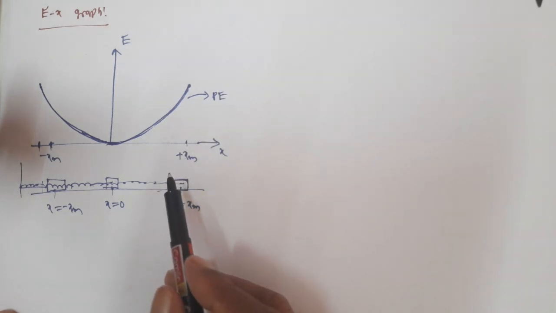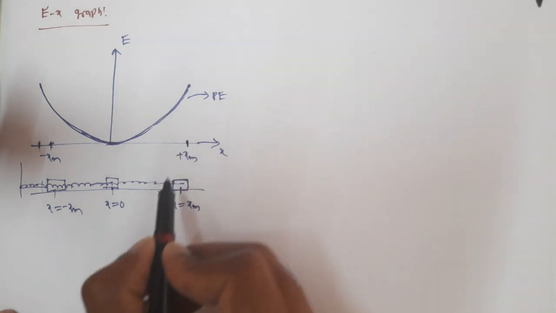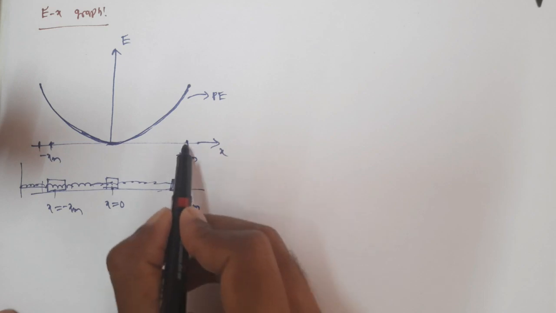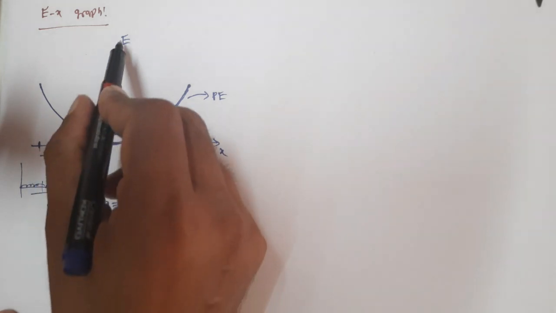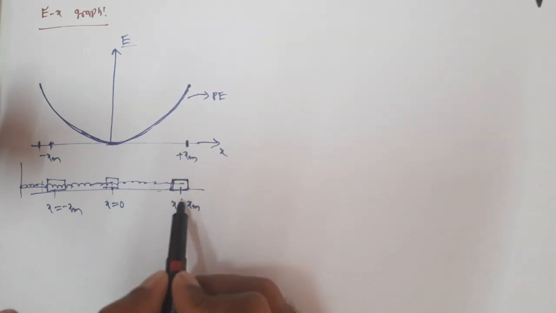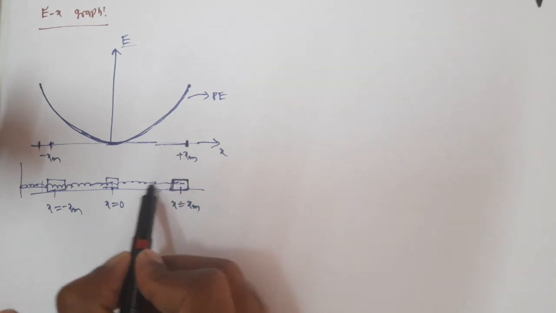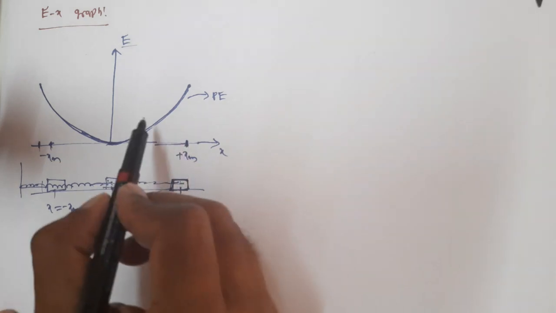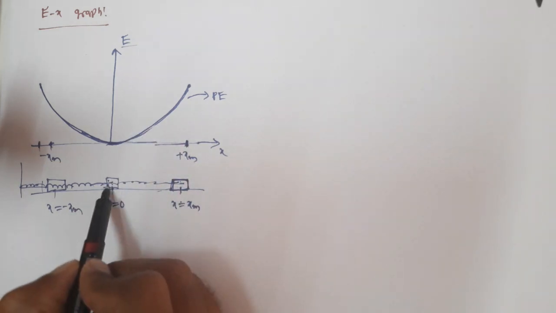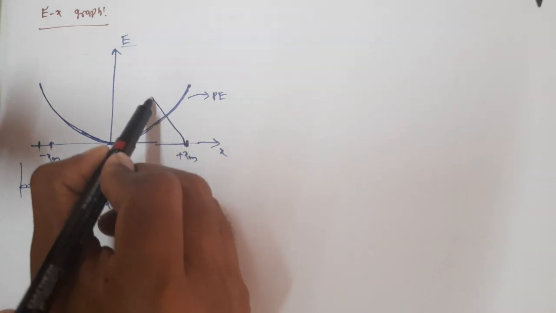Now let us take kinetic energy. At x equal to xm, what happens to the kinetic energy? Kinetic energy becomes 0, right? Here we are taking energy. When x equal to xm, kinetic energy is 0. But as the block moves toward this way, kinetic energy increases, and whenever the block reaches the mean position, kinetic energy becomes maximum, and you will get a graph like this.